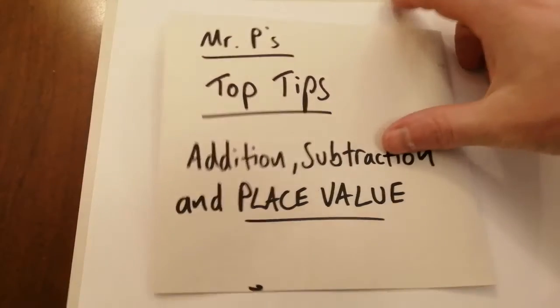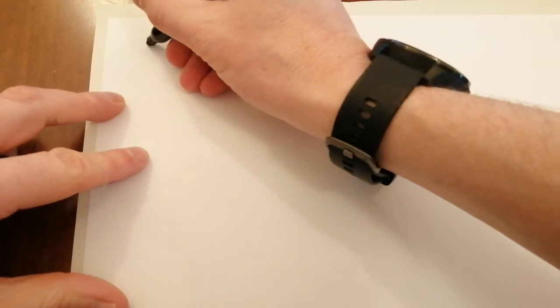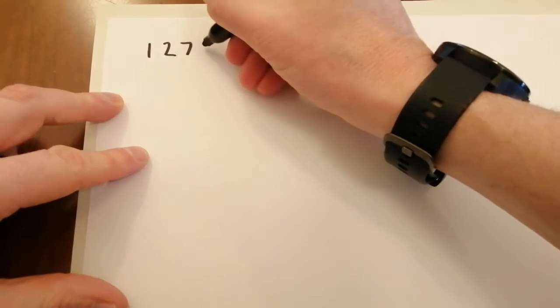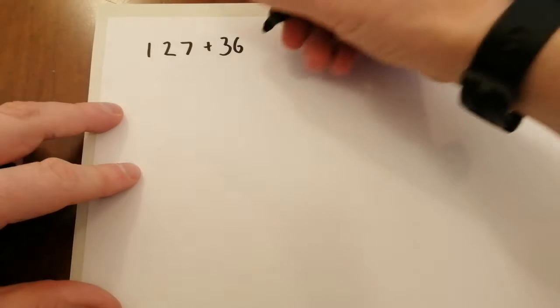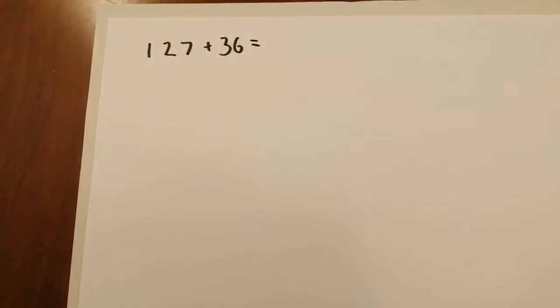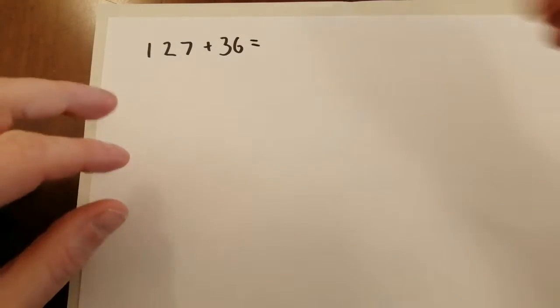Let me give you an example. Yesterday I was doing some calculations, and one of the ones that I set was this one, 127 plus 36. Now, you might automatically make that a chimney calculation and complete it, and that would be fine. But I would suggest to you, every single time you do that, before you do the chimney calculation, do a little bit of work in your head and get yourself an estimation. And you get an estimation for an answer by rounding.